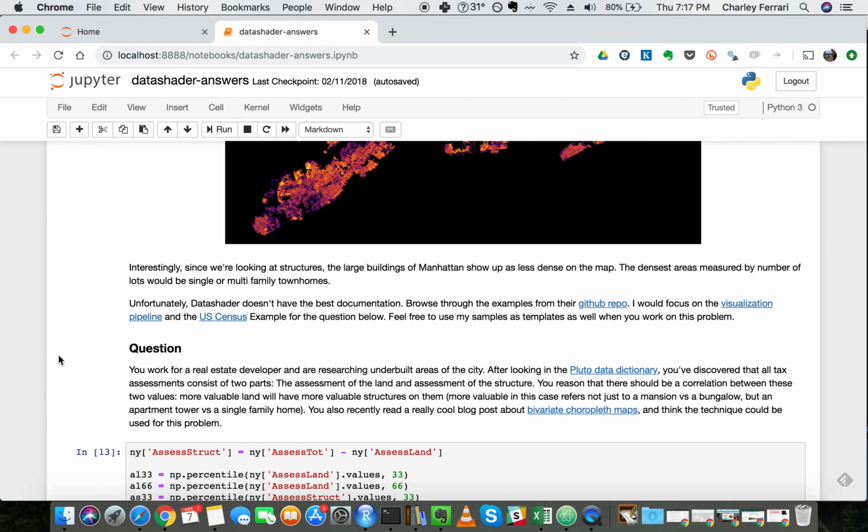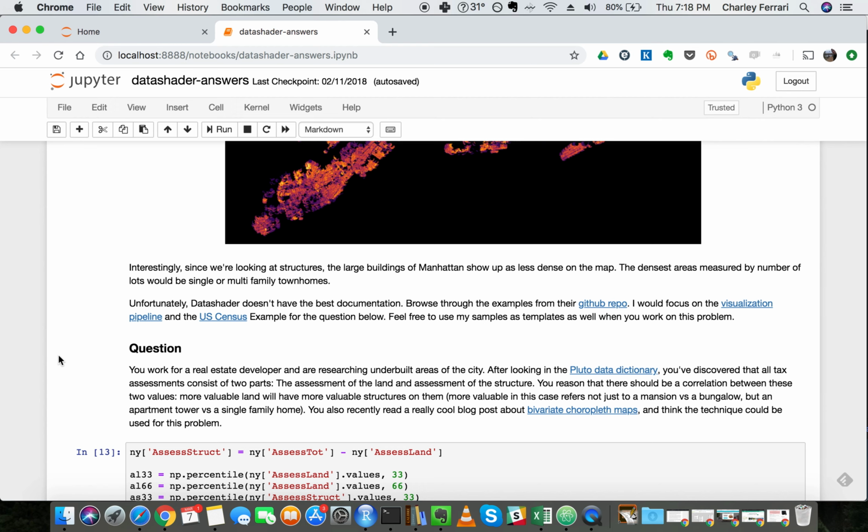Land closer to the city center is more expensive than land further away, and in general, if land is more valuable, it's going to be more intensely developed. So if you have land in the center of a city, that's why you have skyscrapers versus more multifamily homes or single family homes as you get further away from the city center.